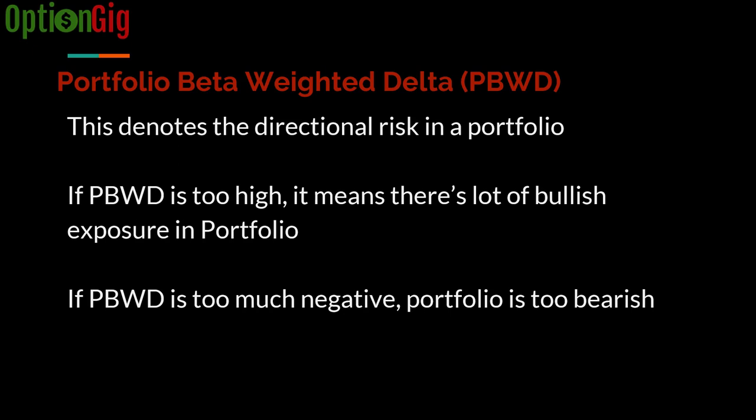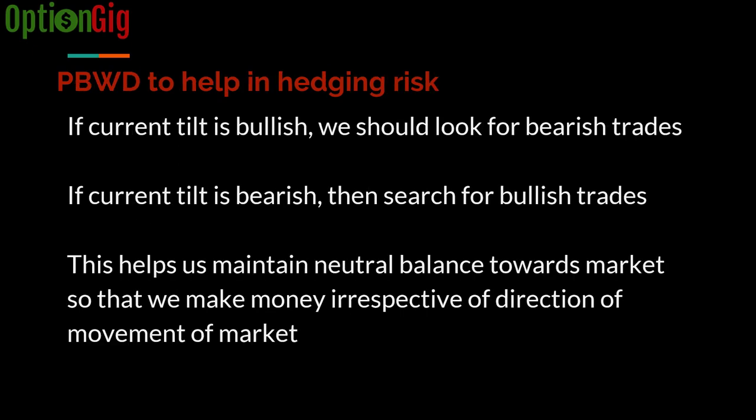If it is too high, you have a lot of bullish exposure. If it is too much negative, then your portfolio is too bearish: if the market goes lower, you will benefit, and if the market goes higher, you will lose. So it tells us the tilt of our portfolio.